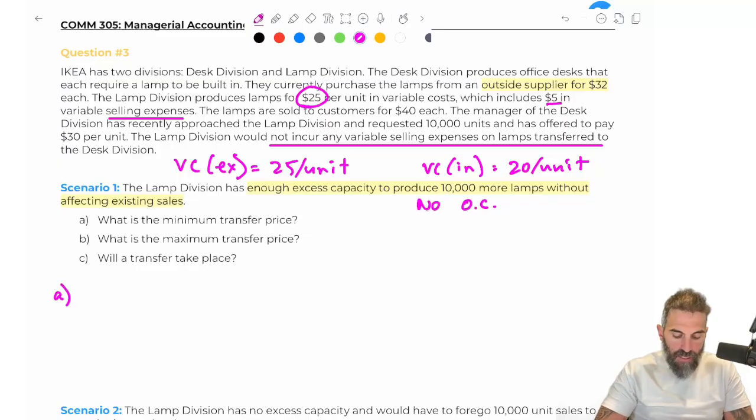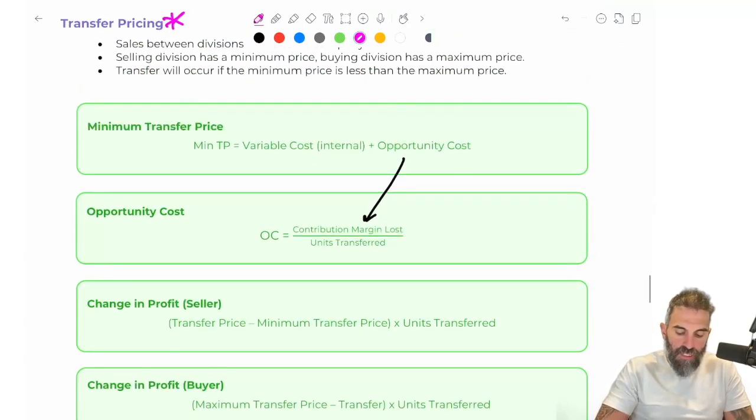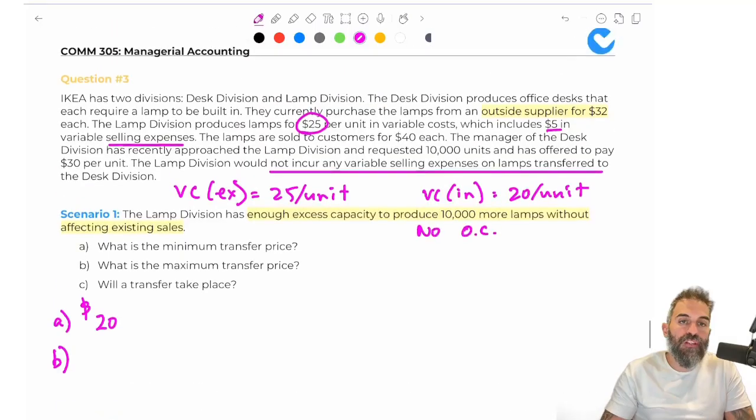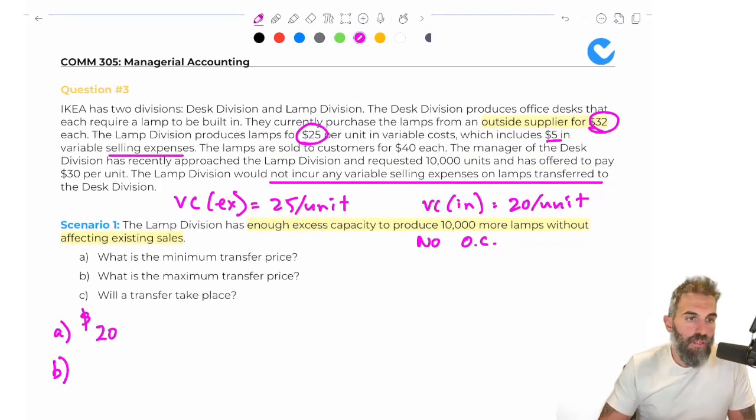So A, the minimum transfer price would simply be, if I follow the formula, the variable cost on internal, because there's no opportunity cost. So the answer would be $20. That's it. That's the formula. 20 plus 0. The maximum transfer price, like I said, is 32.